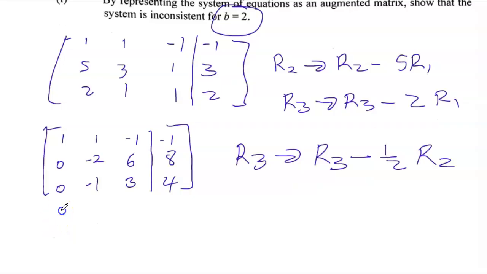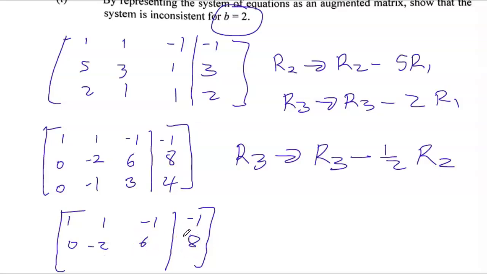Now we're not troubling row 1 and row 2: 1, 1, minus 1, minus 1; 0, minus 2, 6, 8. Just row 3 we're disturbing now, so it is row 3 minus half of row 2.